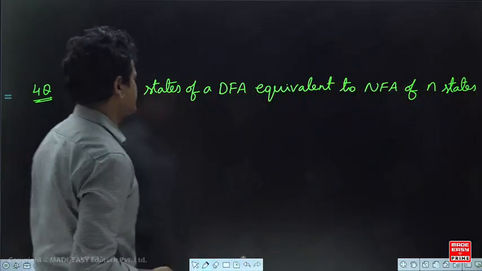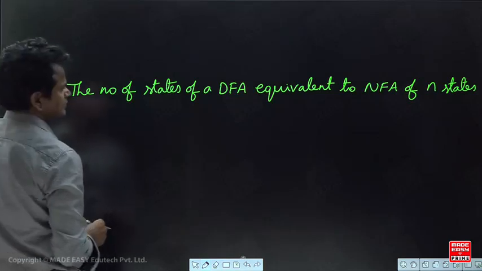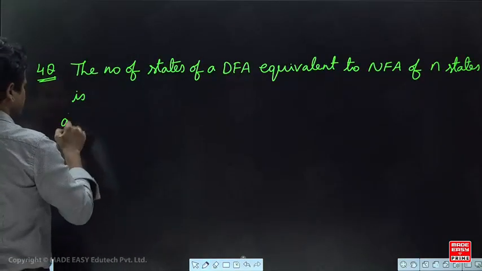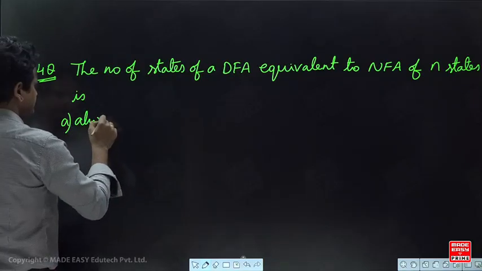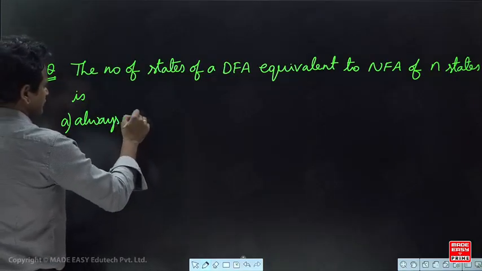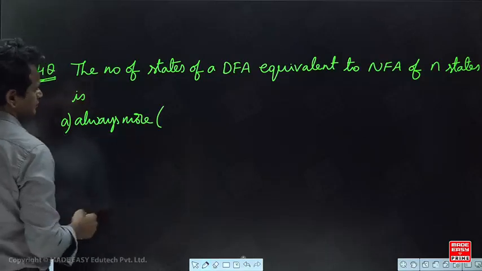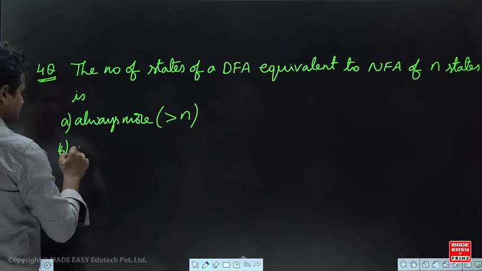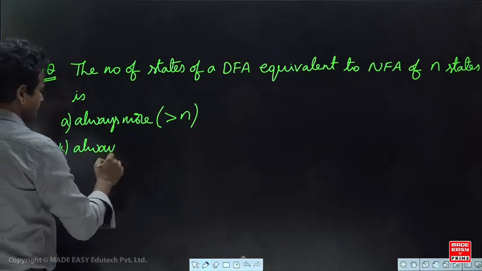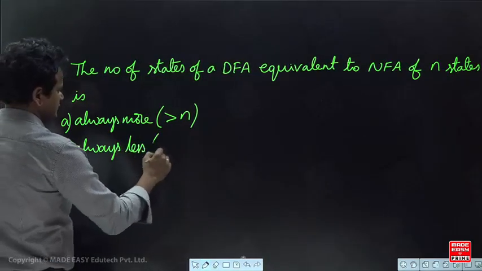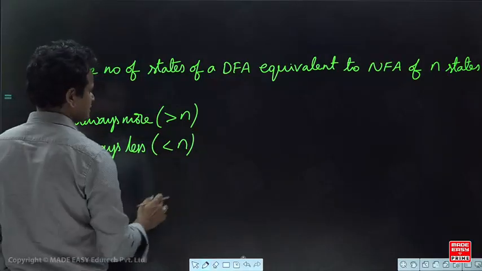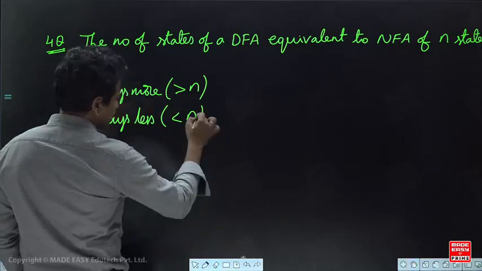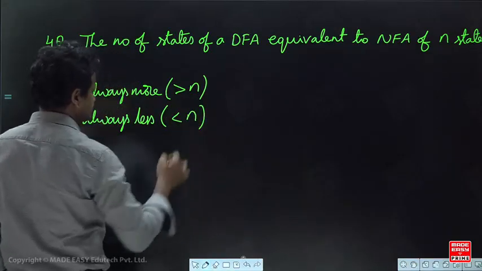The number of states of a DFA equivalent to an NFA of n states is: option A, always more, meaning greater than n; always less. So these are the tricky questions. Just read the question properly and see the options properly and then answer.